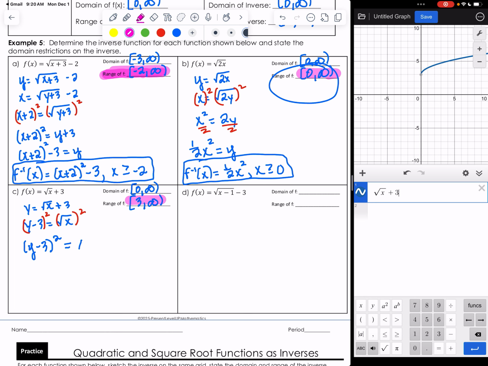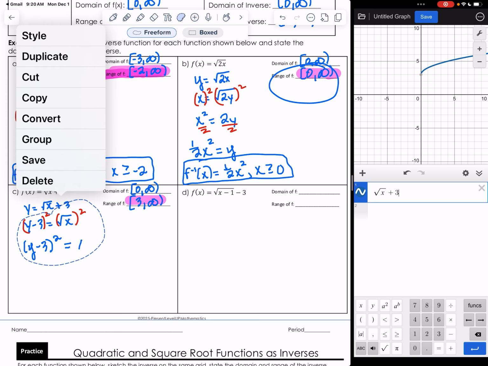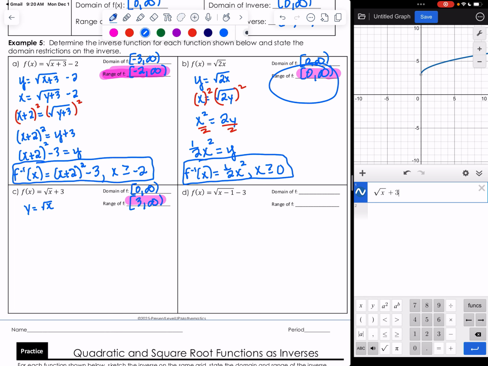Let me go back. I forgot to switch the x and y. All right. I should have rewritten it like this. x equals square root y plus 3. All right, subtract the 3.